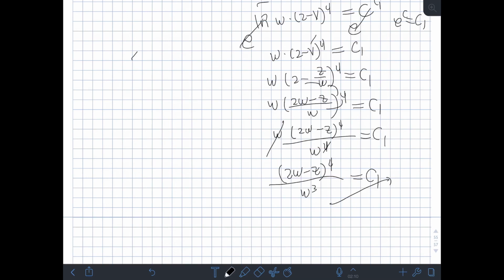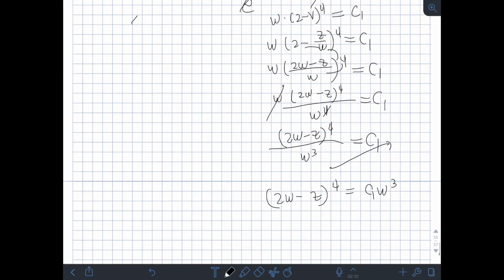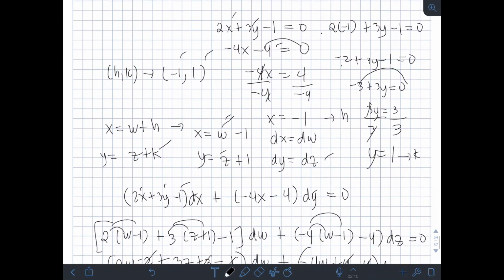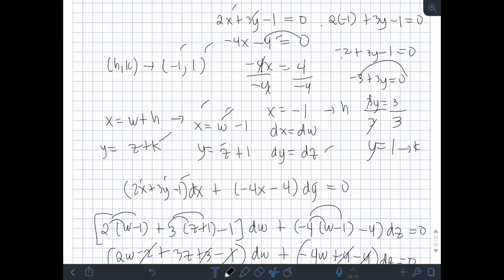So, pag kinos-multiply ko si w cube, 2w minus z to the 4th equals c1w cube. So, balik na ngayon natin uli in terms of x at y. So, diba ang substitution natin is x is equal to w minus 1. So, therefore, w is equal to transpose si negative 1, x plus 1. Tapos si y is equal to z plus 1.